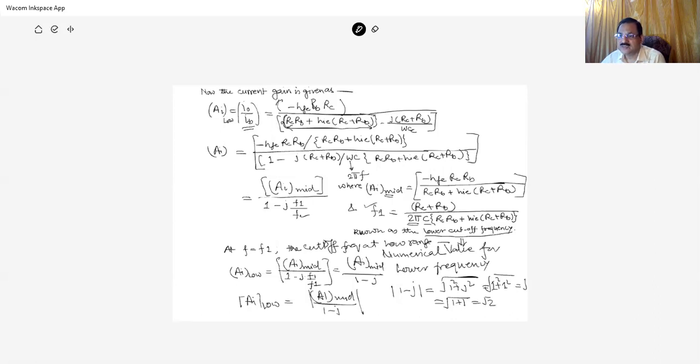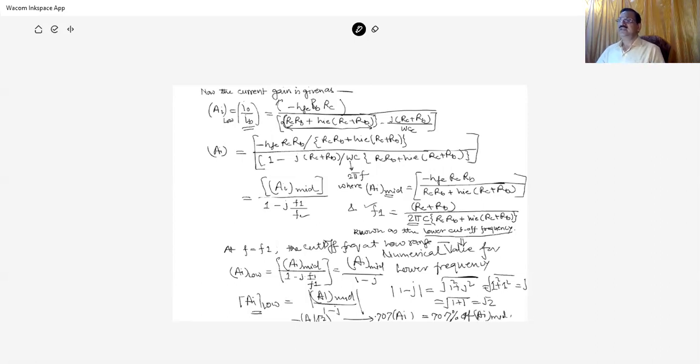So this value is nothing but A divided by under root 2. This A under root 2 is nothing but 0.707 AI, and this point can be expressed as 70.7% of AI mid. That is the AI mid value.